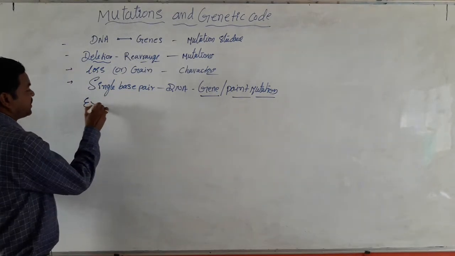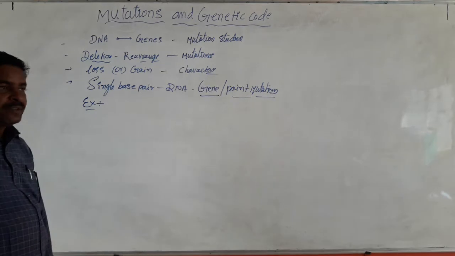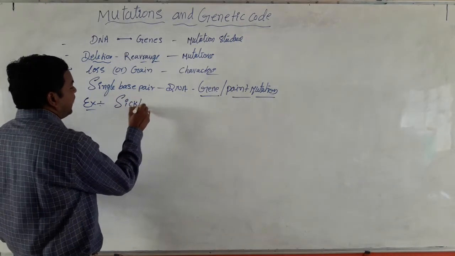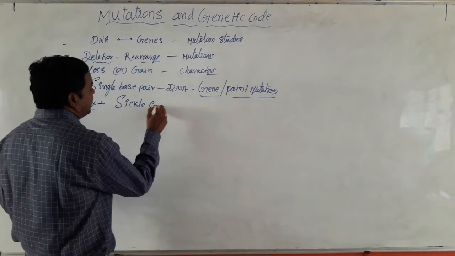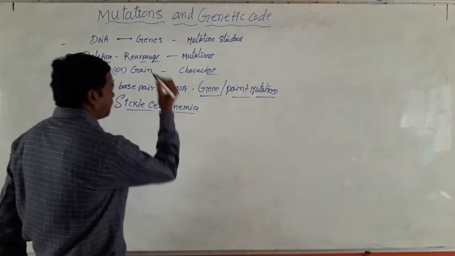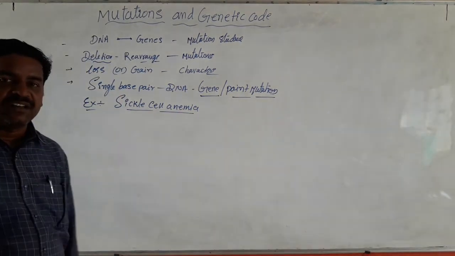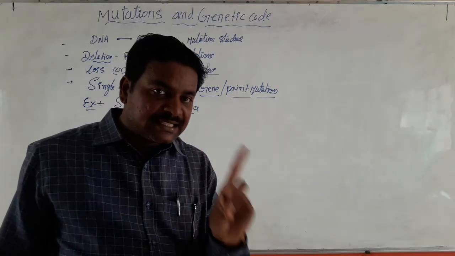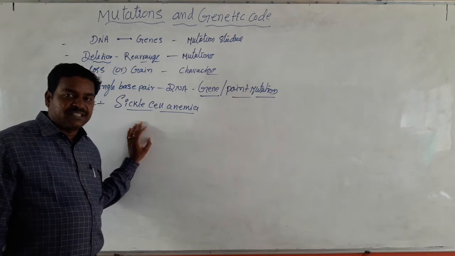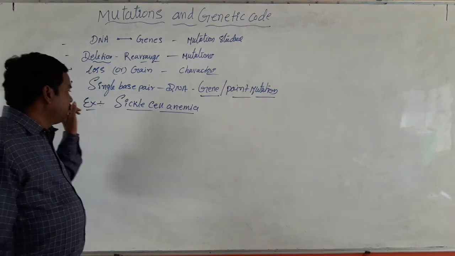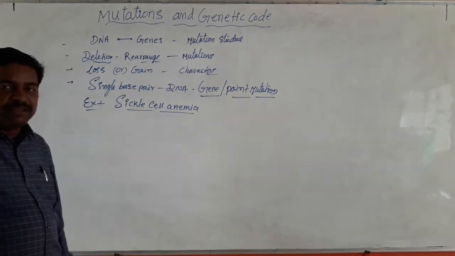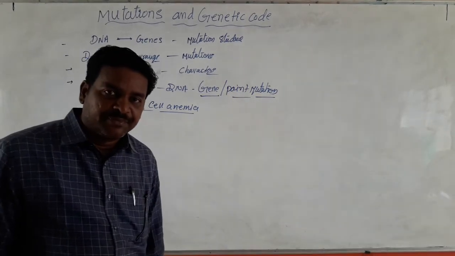One of the best examples for gene mutation or point mutation is sickle cell anemia. Very, very important. What is the example for point mutation? Sickle cell anemia. And how is sickle cell anemia established in human beings?